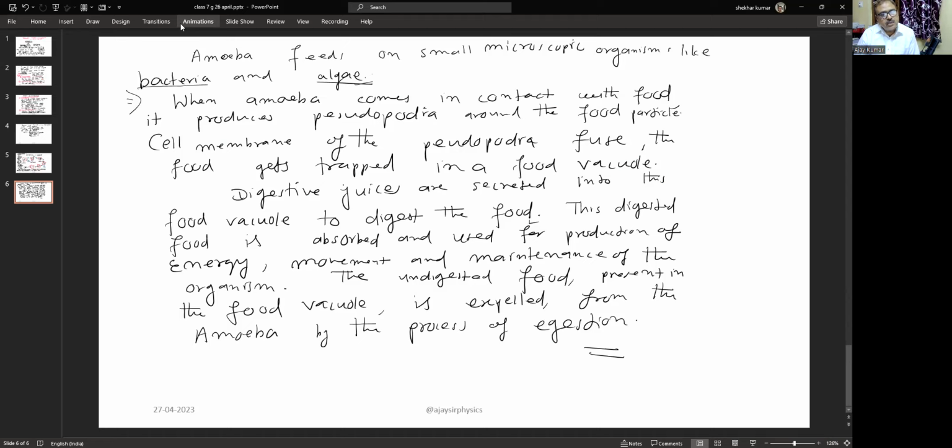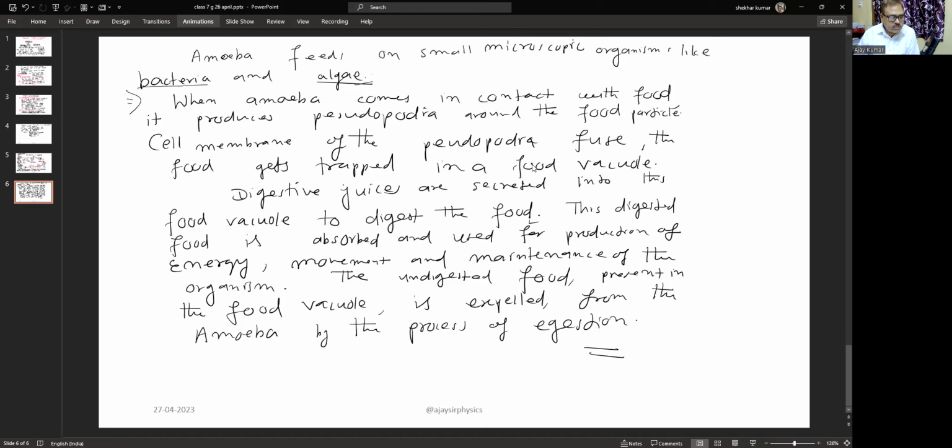At last, the undigested food present in the food vacuoles is expelled out. With the help of the egestion process, the undigested food comes out of the body of the amoeba.